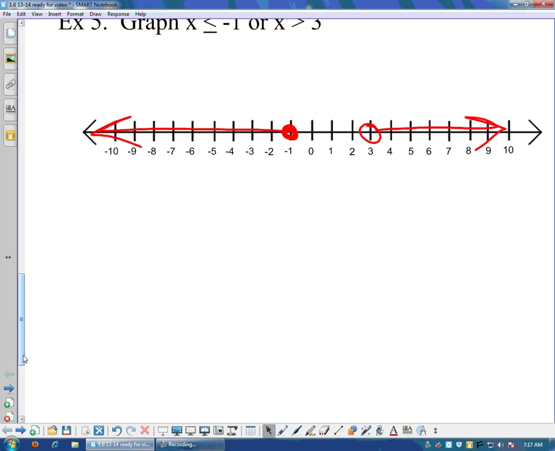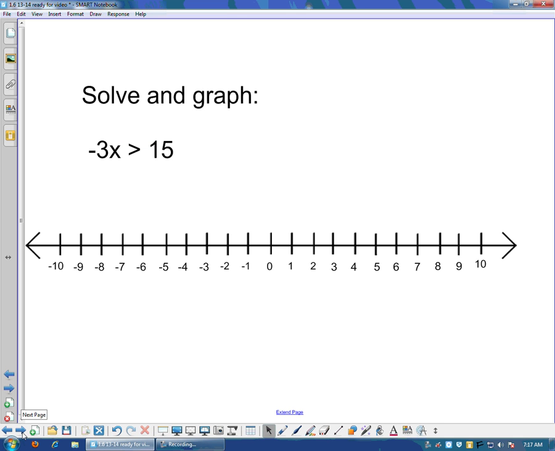All right, let's take a look at solving. You need to get x by itself in this case to solve and then to graph. So let's divide both sides by a negative 3. And we would end up getting x is, let's see, over here we'd have a negative 5. But since we were dividing by a negative number, if you multiply or divide by a negative number, you need to switch the direction of the inequality.